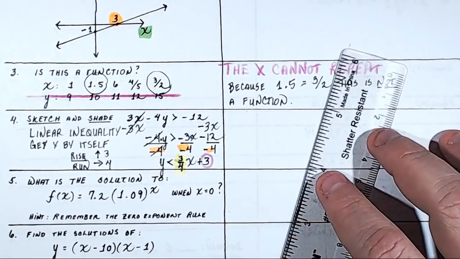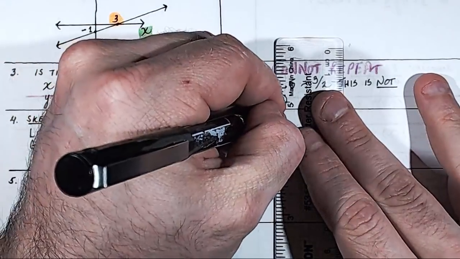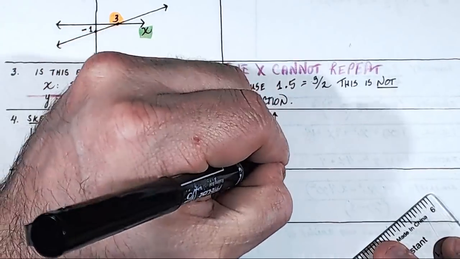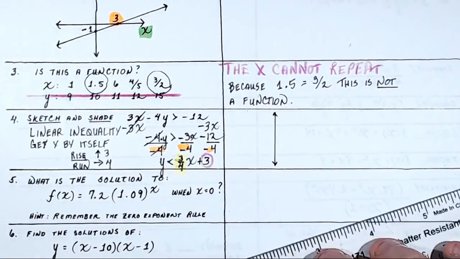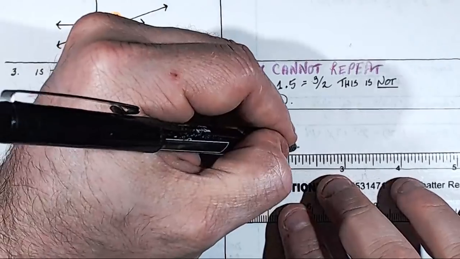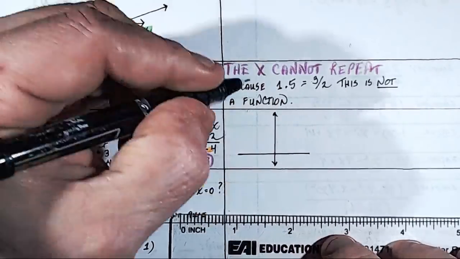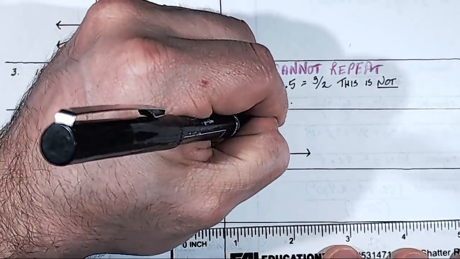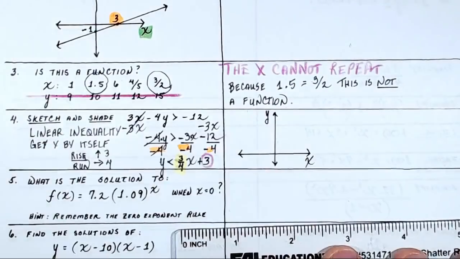So let's do that. Let's sketch a very basic graph. It doesn't have to be super artistic, but make sure you label your axes, y and x. Label the origin.